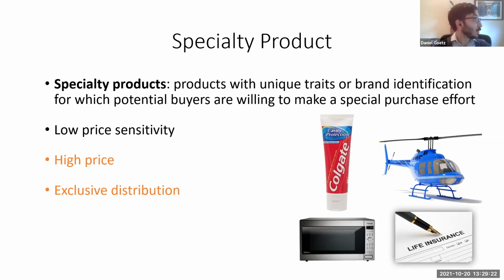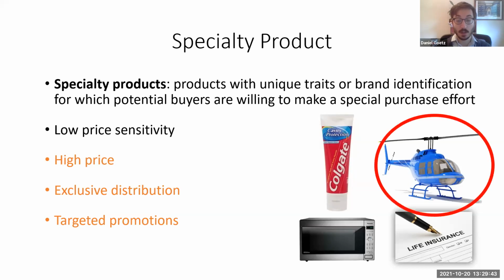Very exclusive distribution, so difficult to find, with very carefully targeted promotions. Most people are not potential buyers of a specialty product. So you want to target your promotions carefully to make sure you're not wasting your advertising budget. And of these 4 products, probably the helicopter, yeah.